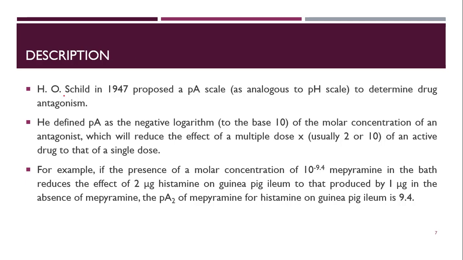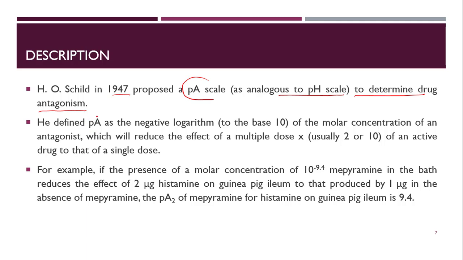The scientist H.O. Schild, in 1947, proposed a pA scale analogous to the pH scale. Everybody knows about the pH scale. On that platform he proposed the pA scale, and this scale is used to determine drug antagonism.